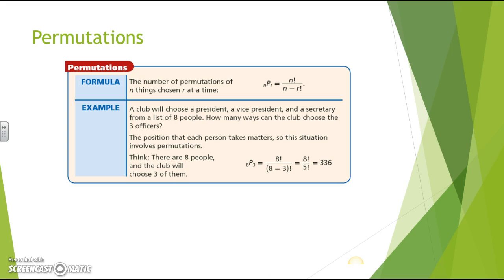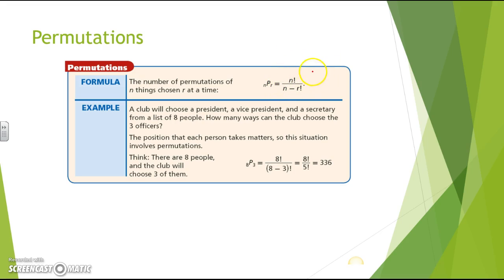Here's permutation. There is a formula for permutation: the number of permutations of n things chosen r at a time. So we have n factorial over n minus r factorial.